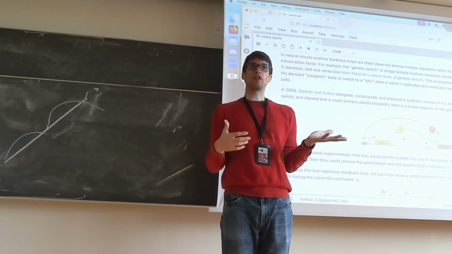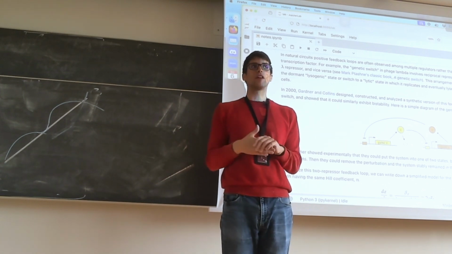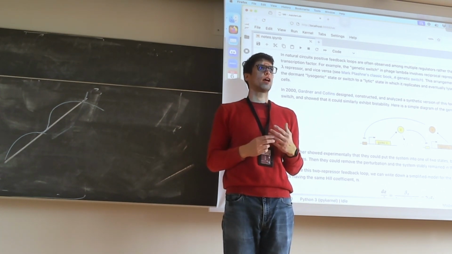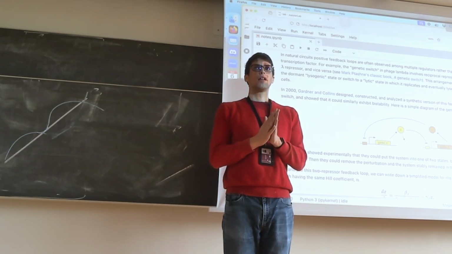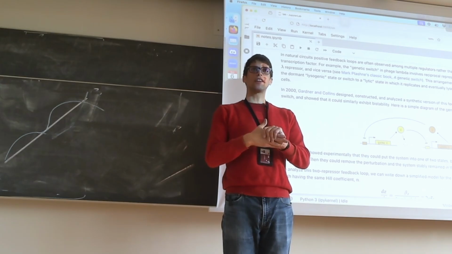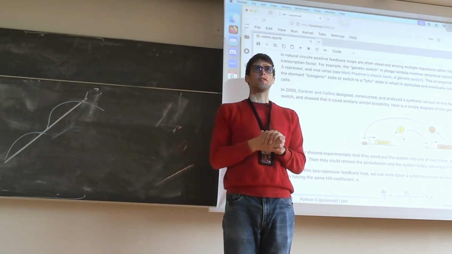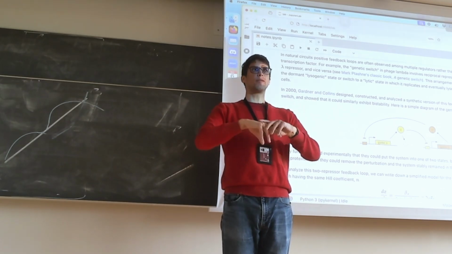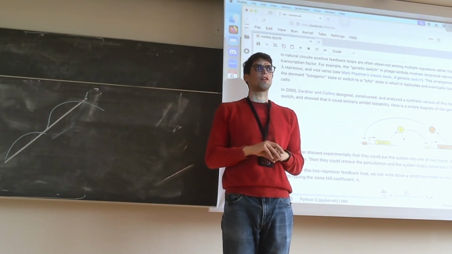If you have positive autoregulation, for some parameter ranges, you get bistability. You can build a toggle switch, a memory in your cell. Next time, we'll talk more about Boolean logic, how you can use these things to build not only small components, but really build a Boolean circuit out of them.